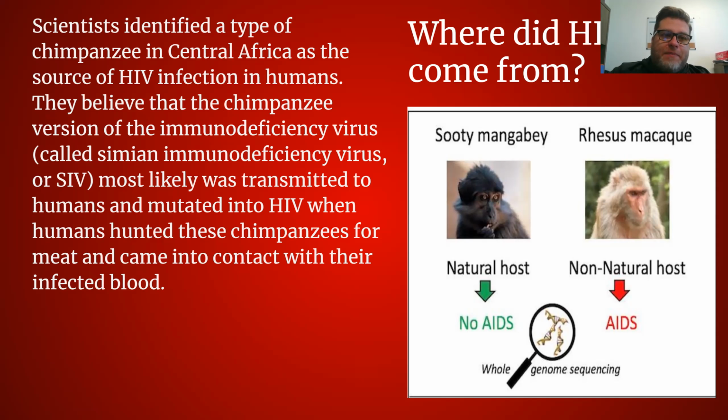Scientists identified a type of chimpanzee in Central Africa as the source of HIV infections in humans. They believe that the chimpanzee version of the virus, known as simian immunodeficiency virus, or SIV, most likely was transmitted to humans and mutated into HIV when humans hunted these chimpanzees for meat and came in contact with their infected blood.